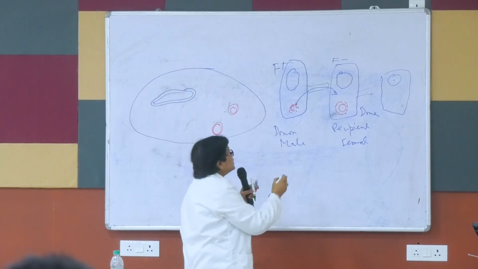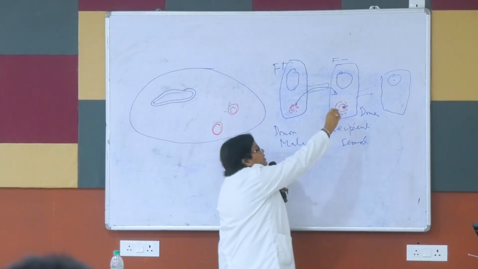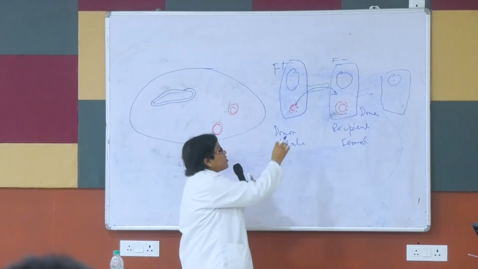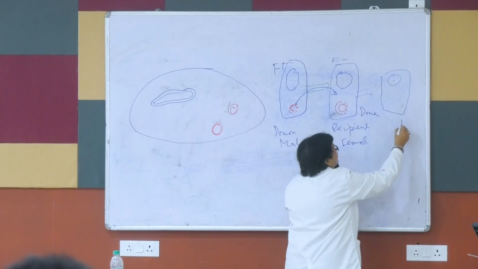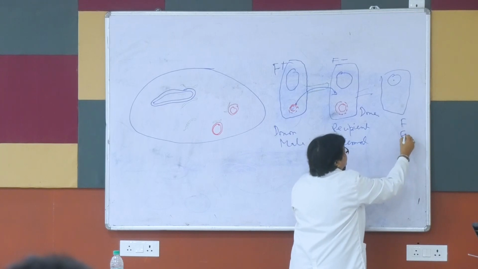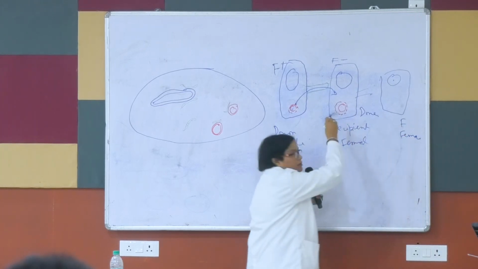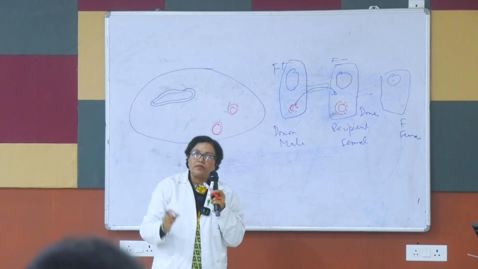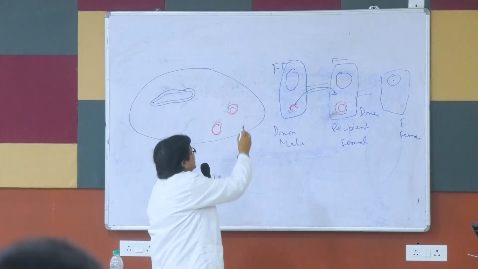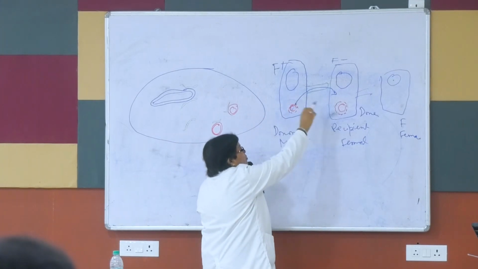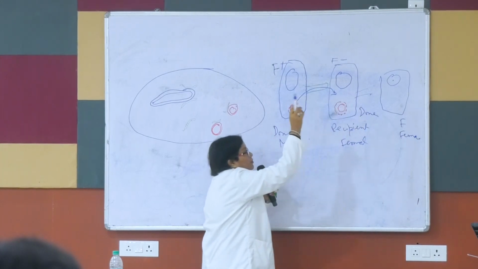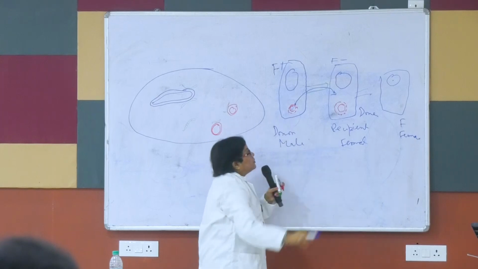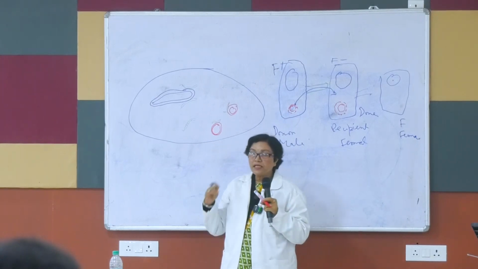Now it has capacity to transfer this genetic material, so it is now male. Okay, you have to keep this in mind. So it is F plus, it is F minus, now it is F plus, and it has capacity to make other bacteria F plus. What is the utility?